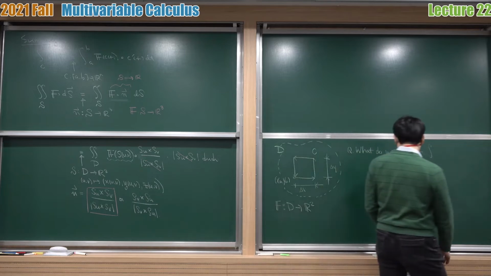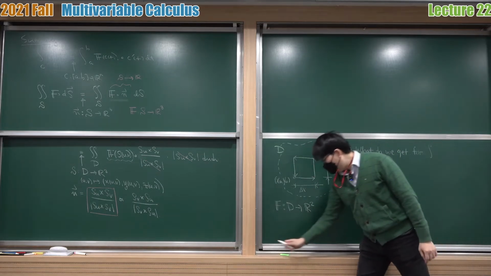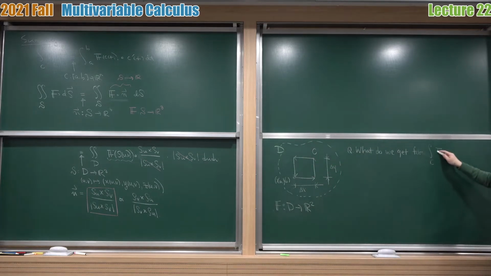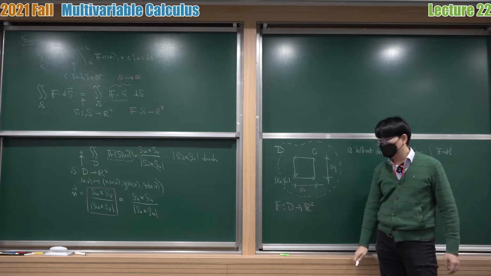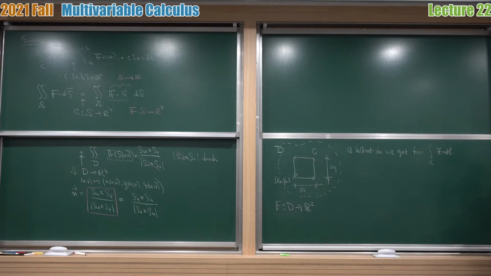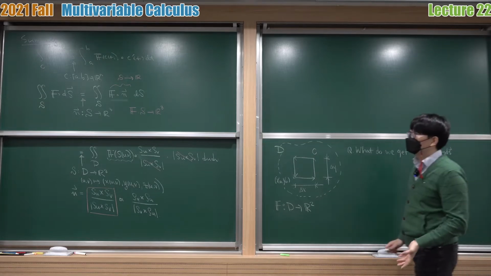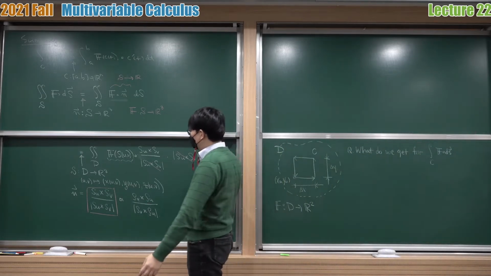Okay. So the question is, what do we get for the line integral of F over this curve C? Then let's try to think about the flux over the curve.